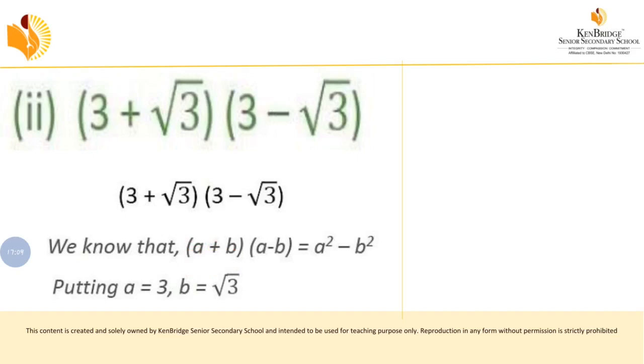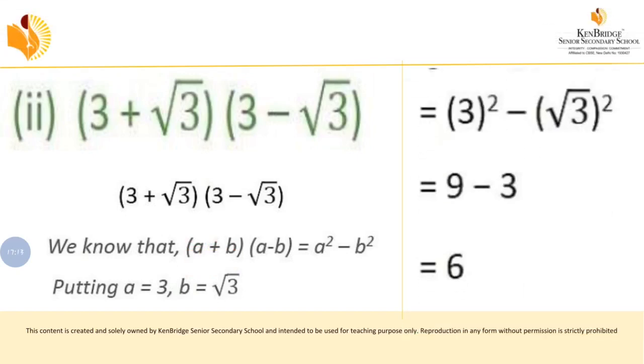So a squared minus b squared can be written as 3 squared minus root 3 squared. 3 squared is 9, root 3 squared is 3. If you subtract 9 minus 3 you will get the answer 6. This is how you have to simplify the given expression. Let's see the next one.